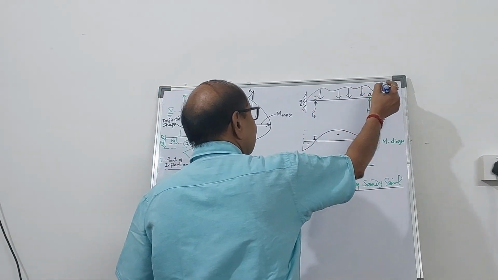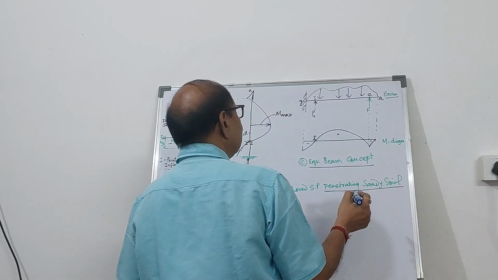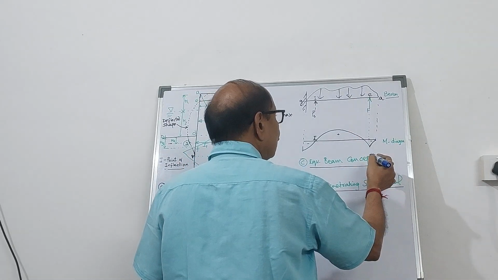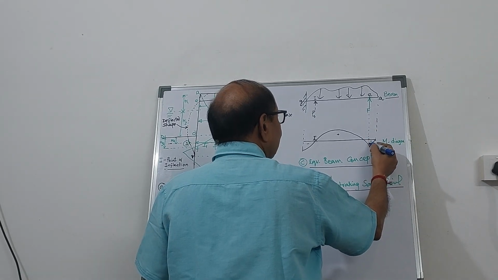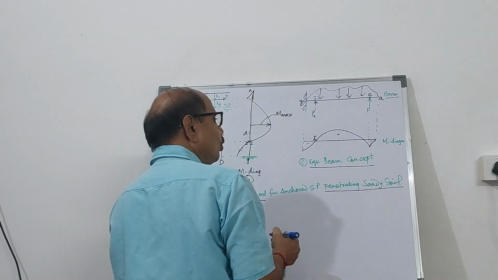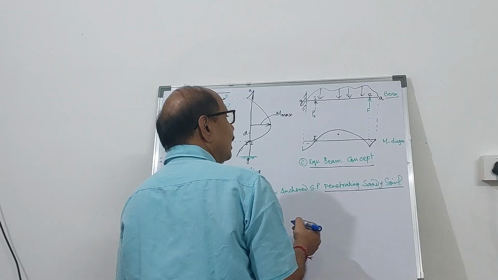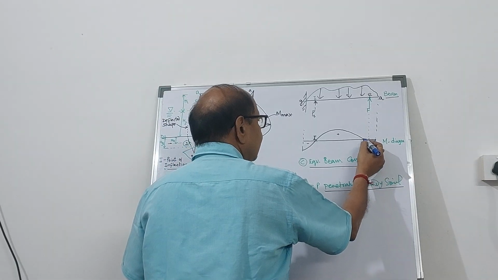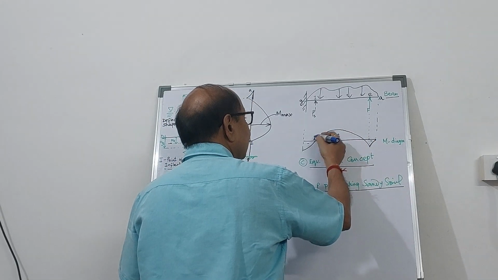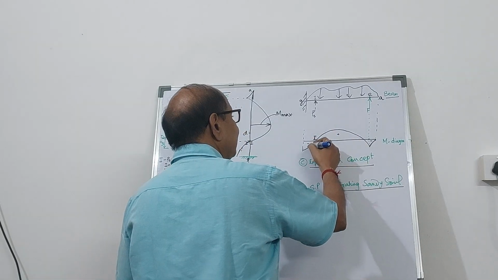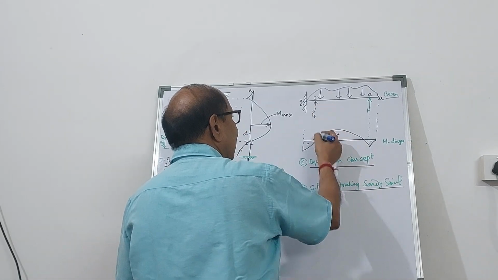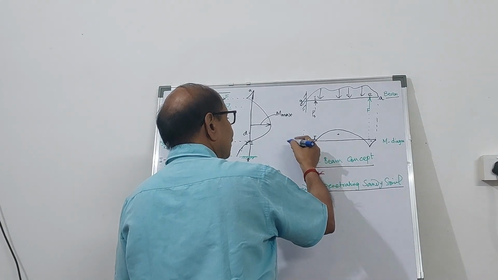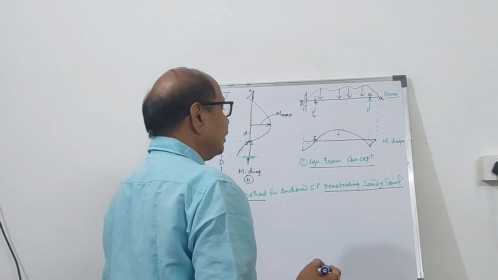So if this is the kind of loading, for this loading between A and E, it is going to be a negative moment, hogging, and then it is going to be a positive bending moment, sagging, and at the point of contraflexion I, it is going to be again a negative bending moment.